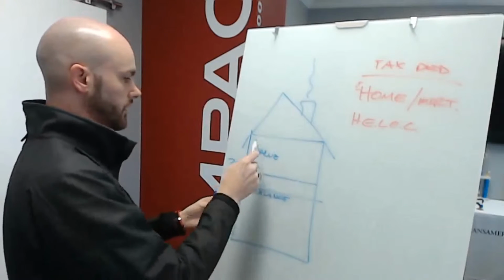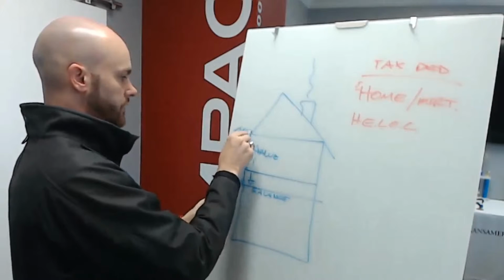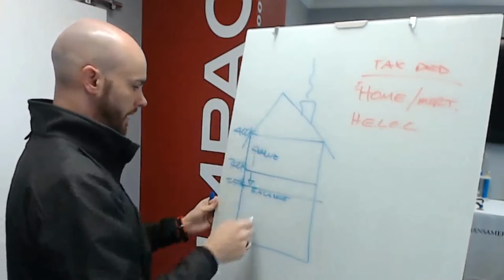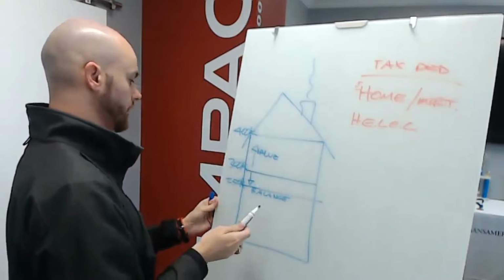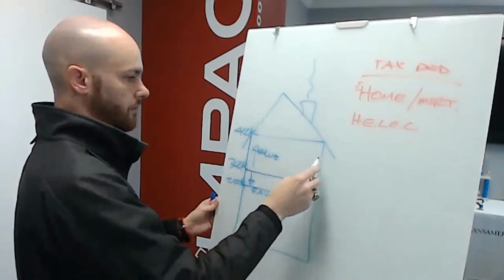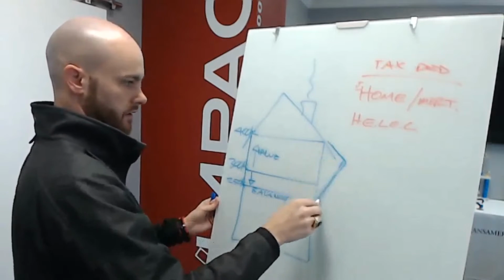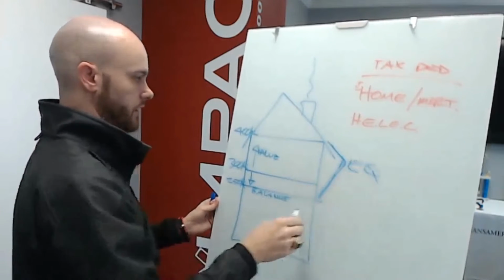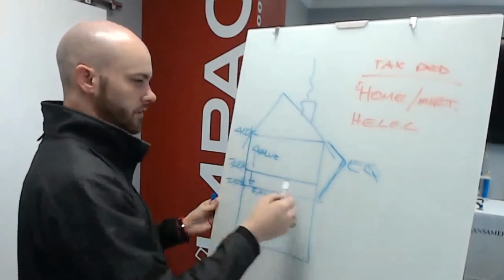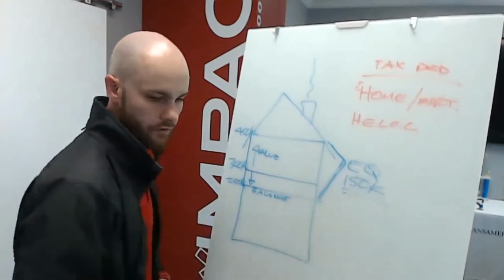So in this situation, if the home value goes up to $400,000 and the balance goes down to $250,000, the equity is the difference between those two numbers. So this space here is my equity, right? So in this example, I have $150,000 of equity.